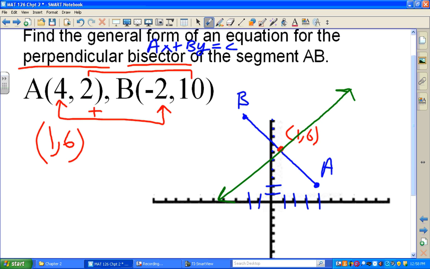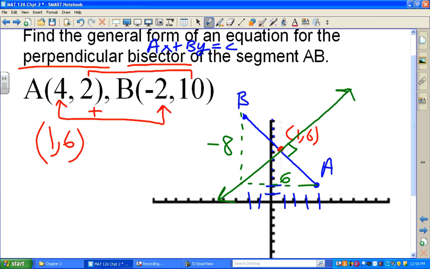What's perpendicular mean? Yeah, opposite reciprocal for the slope. So the slope from that, well, this is 6, and this is 8 with a negative.